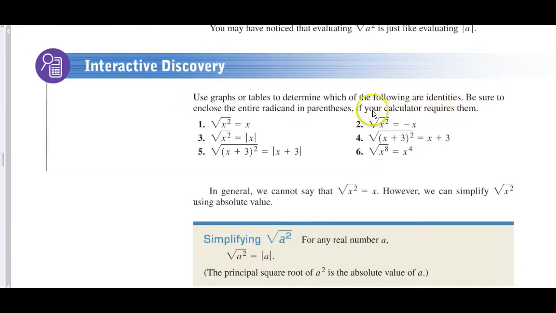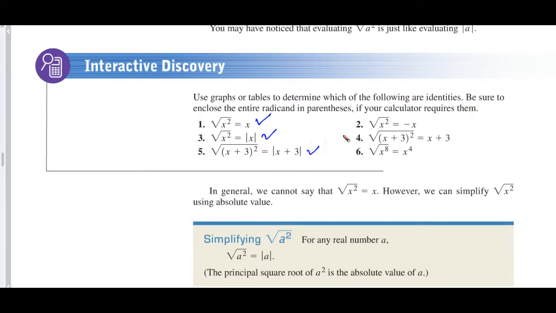Well, we want to see whether these are identities, or in a sense are true statements. So here we said this was true. And this is also true.